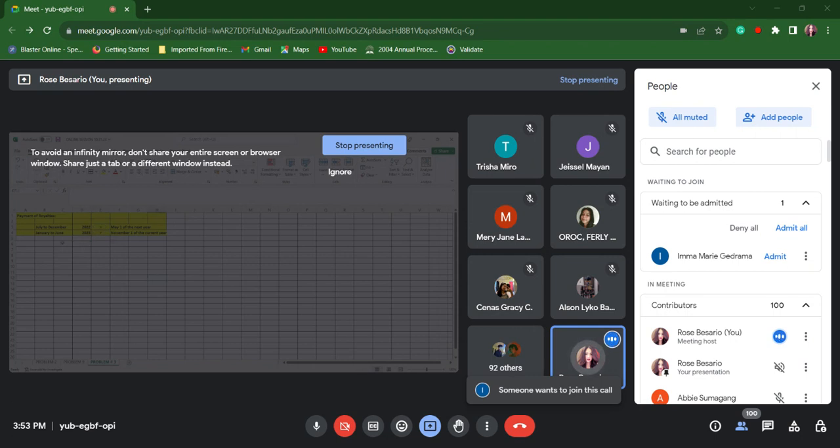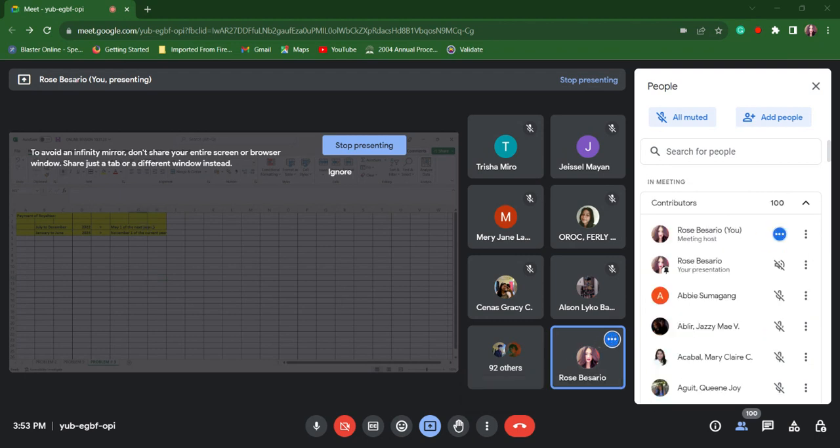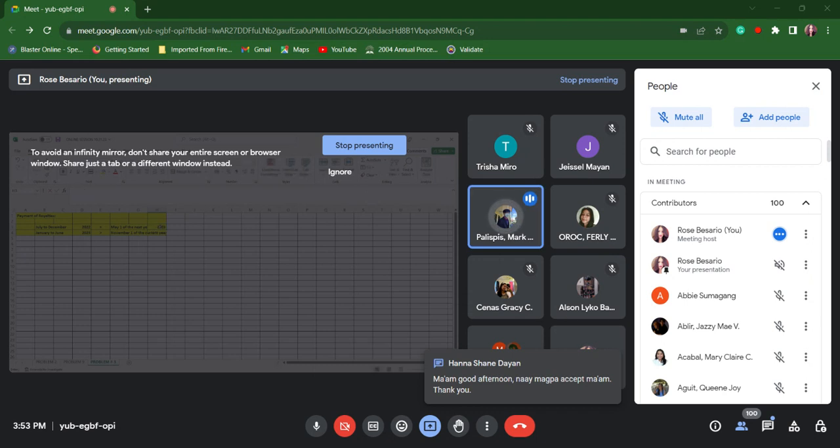So kung July to December 2022, May 1 bayaran of the next year. So bali pasabot ani nga next year is 2023. Nako ha, kunin butangan. Kuha ra.